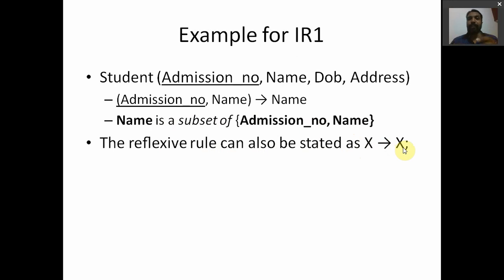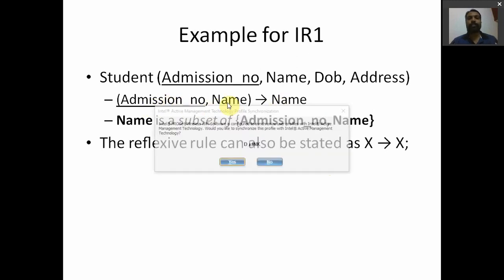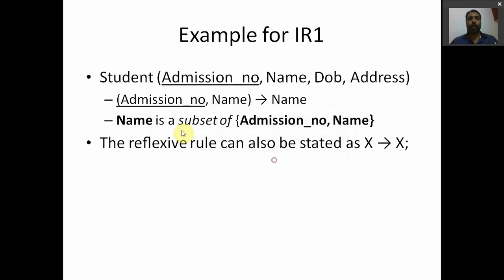That is, a particular attribute or a particular set of attributes functionally determines itself. That is, admission number functionally determines admission number. This is known as the reflexive rule. So this functional dependency will definitely hold in this relation.